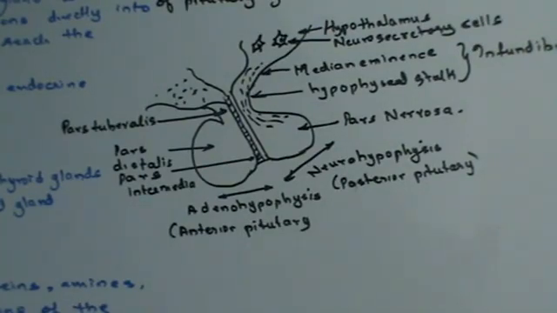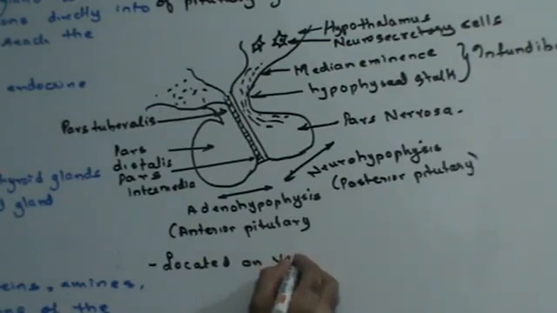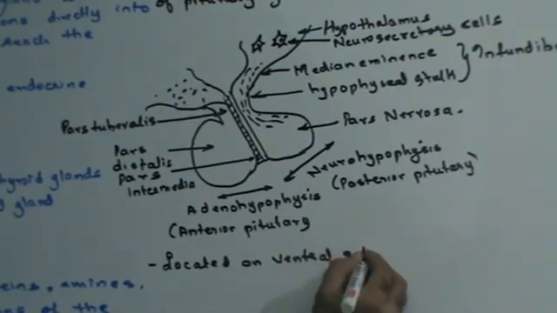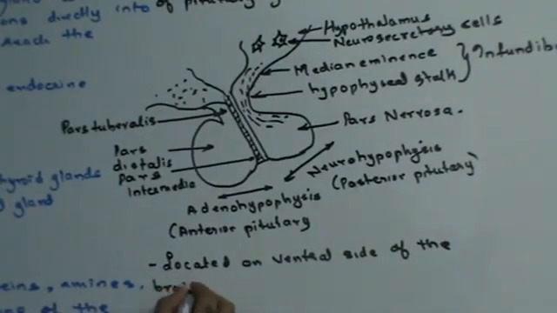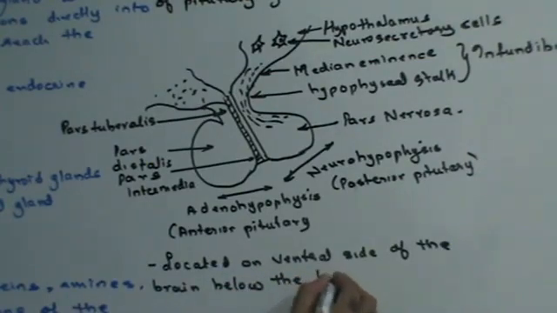Now let's try studying about the pituitary gland. The pituitary gland is located on the ventral side of the brain, below the hypothalamus.